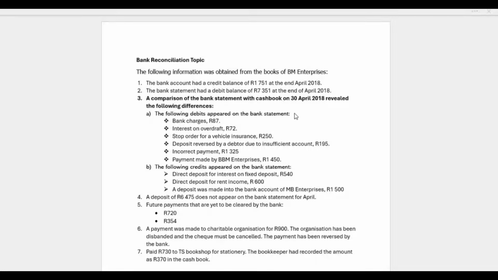Remember, if amounts like this have appeared in the bank statement, it means they might not be appearing in your bank account. Therefore, we have to make them appear. It means the bank statement and the cash book, or the bank account of the business, are not corresponding. So we need to make sure that they correspond by correcting the errors, the omissions, and the mistakes that have happened.